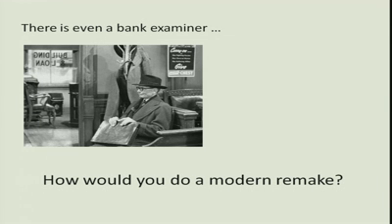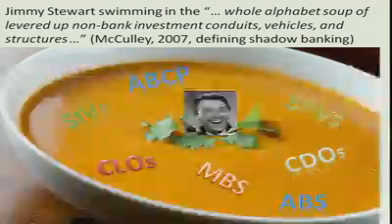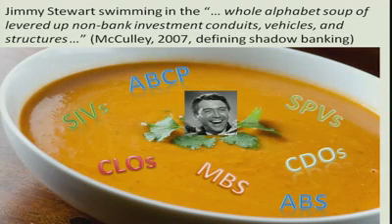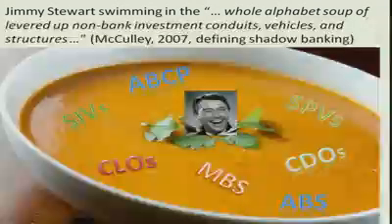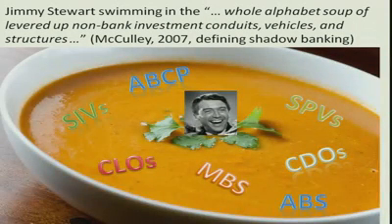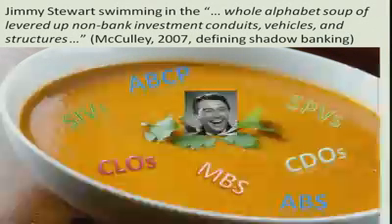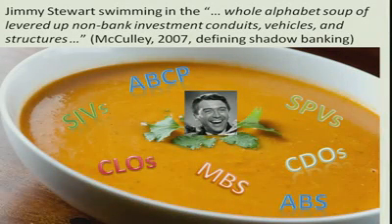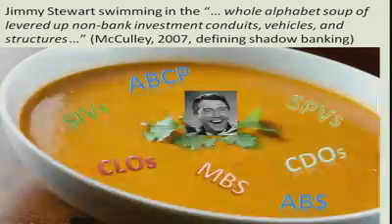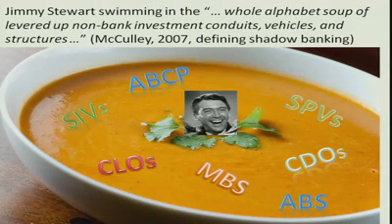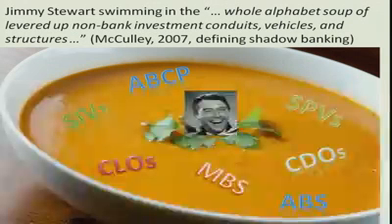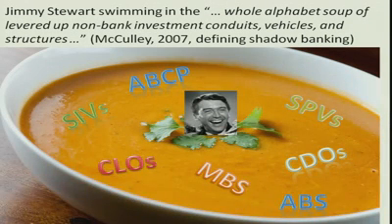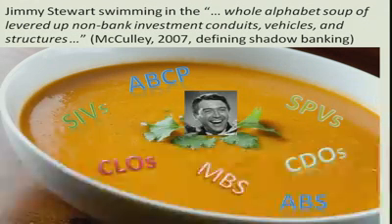And I think it would be quite a struggle. Because if you have followed the evolution of intermediation in the years leading to the crisis, I think George Bailey would have to be depicted as someone taking the construction loans of his bank and passing them through the whole alphabet soup of levered up non-bank investment conduits, vehicles, and structures, which is the definition of shadow banking that Paul McCulley so aptly gave at the 2007 Jackson Hole conference, right at the beginning of the crisis.